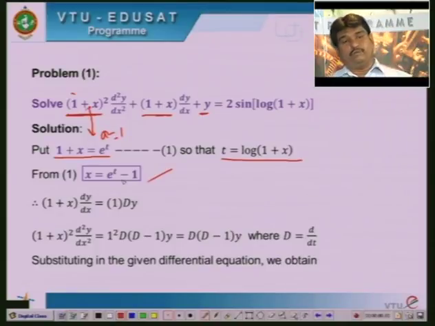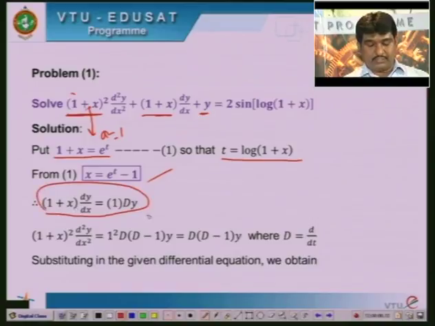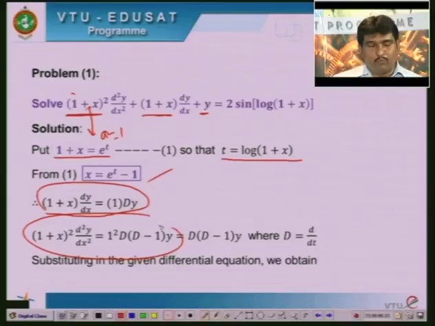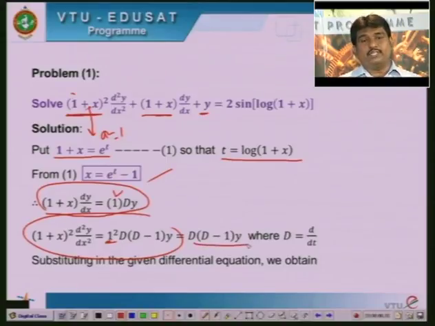When you substitute, as I mentioned earlier, the variable coefficient term 1 plus x into dy by dx becomes a into Dy, a is 1 here, and 1 plus x whole square into d square y over dx square becomes a square, which is 1 here, 1 square into D into D minus 1 of y, where D is the derivative with respect to the new variable t.